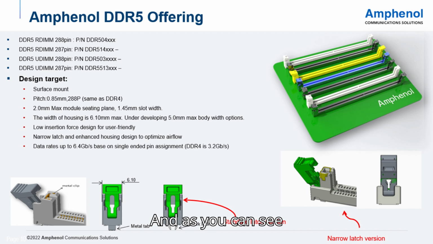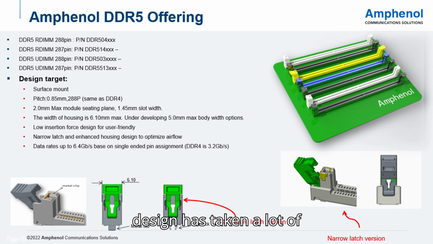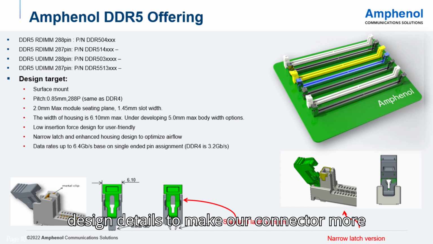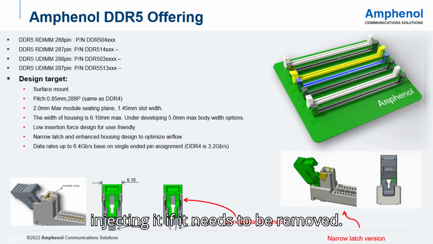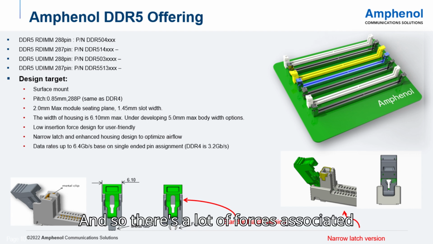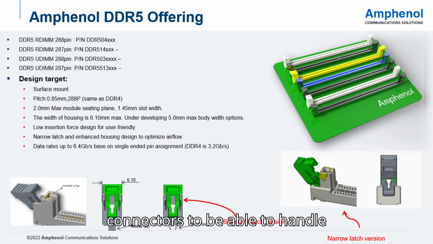And as you can see down at the bottom here, the Amphenol design has taken a lot of design details to make our connector more robust. The challenge for these is pressing in this card and then ejecting it if it needs to be removed. And so there are a lot of forces associated with that, and we have reinforced our connectors to be able to handle multiple insertions without breaking.